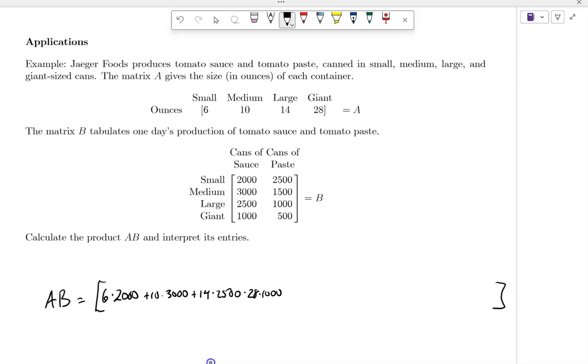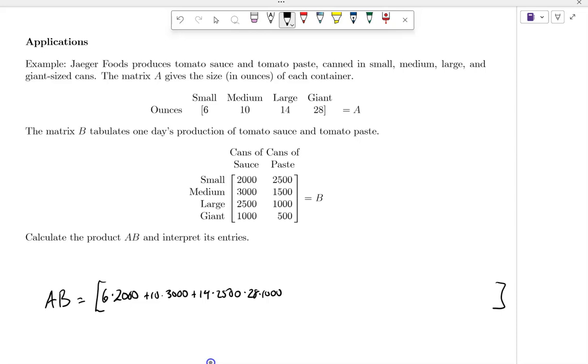I didn't leave myself much room. Now, when I move to the next entry, some of those numbers will change and some will stay the same. Which numbers will stay the same? The first number in each product, right? Because we haven't changed the row.